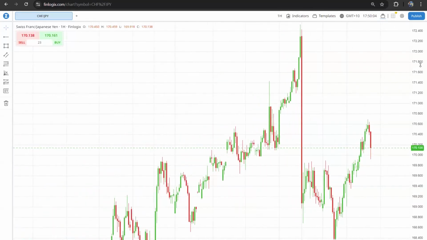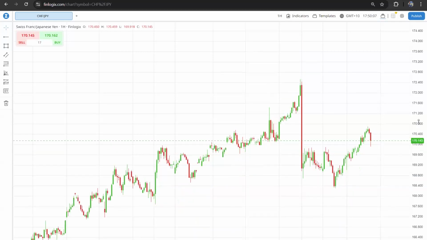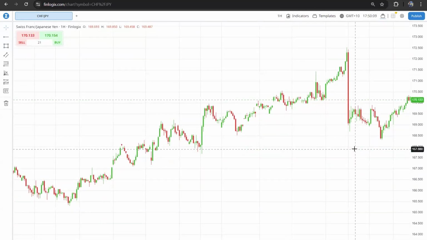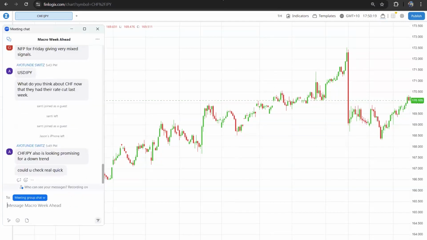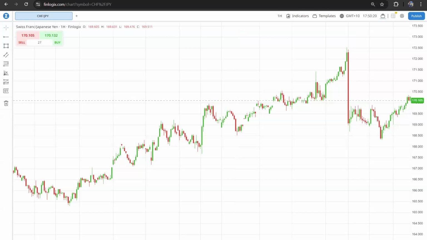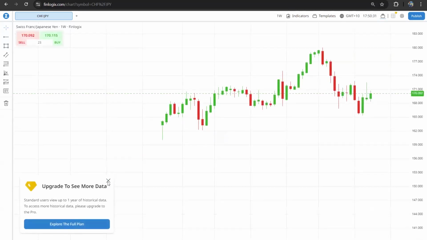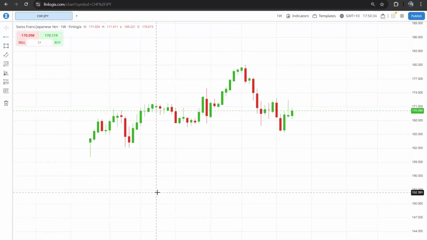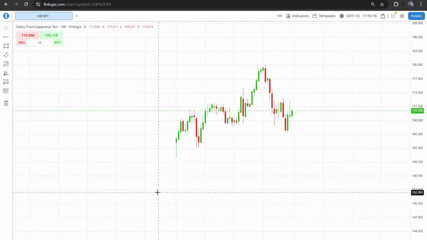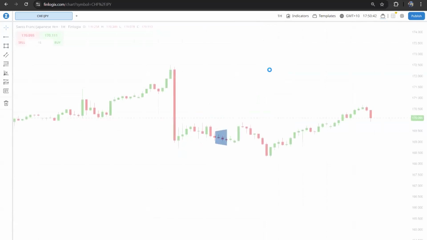Not that I don't trade it, but I'm not looking to trade the Japanese yen at this moment, just because of the confusion that may be happening at the Bank of Japan. You're saying on the 1 week time frame. Wow, that's huge. Let me have a look. I do believe more in, let's say, the 1 hour time frame.